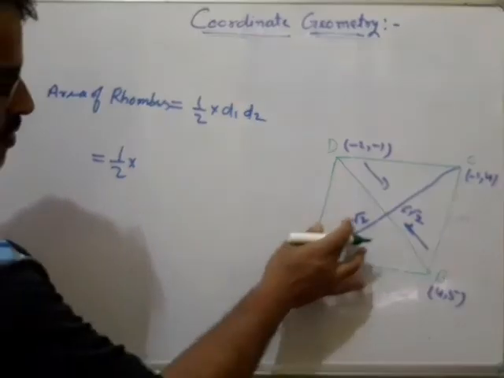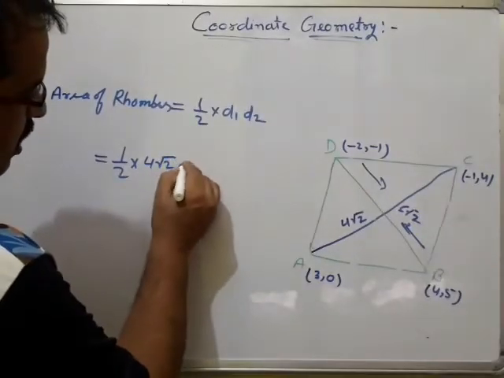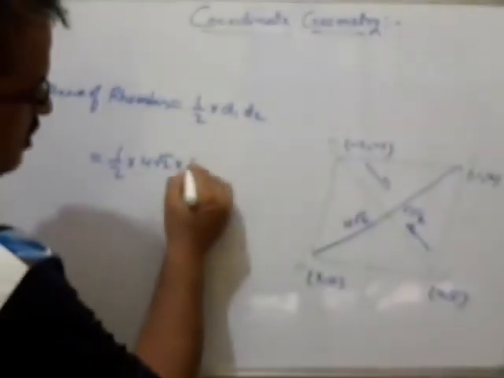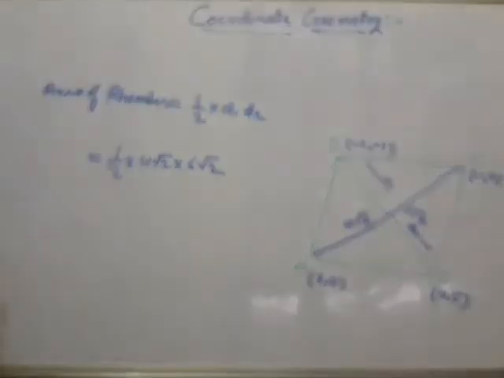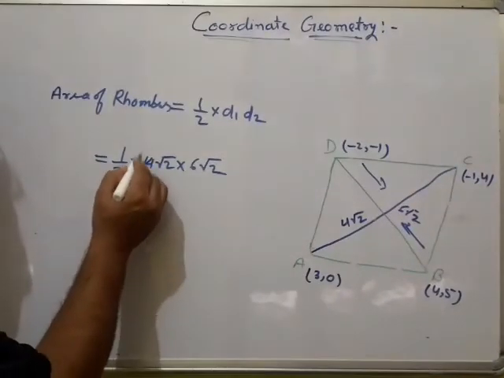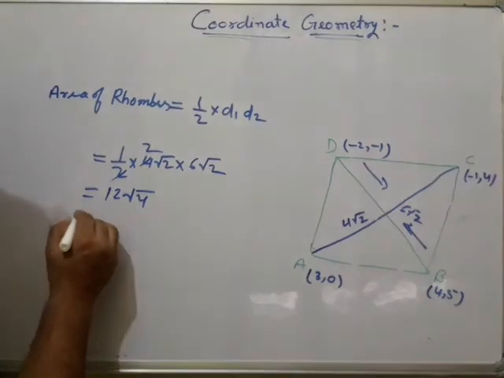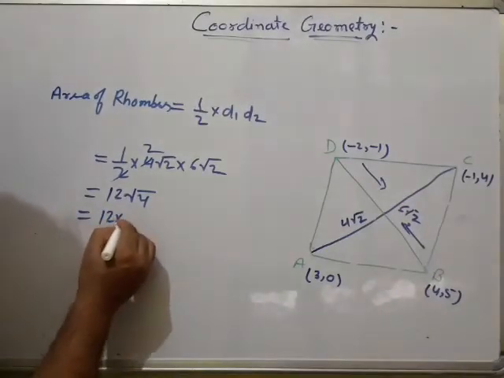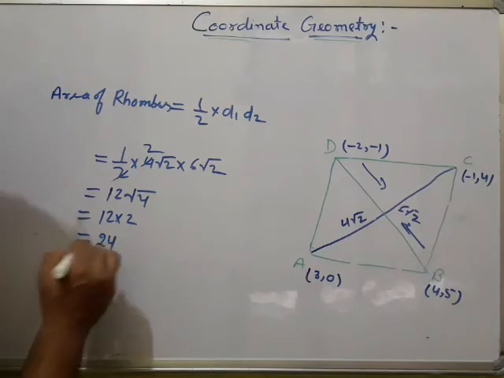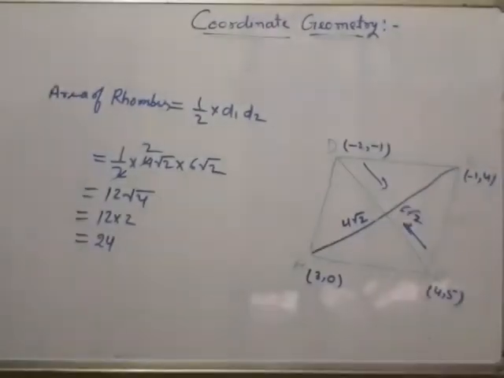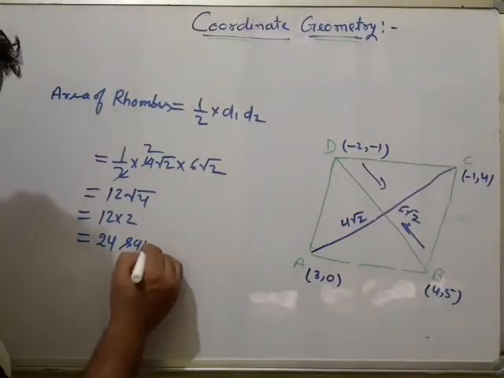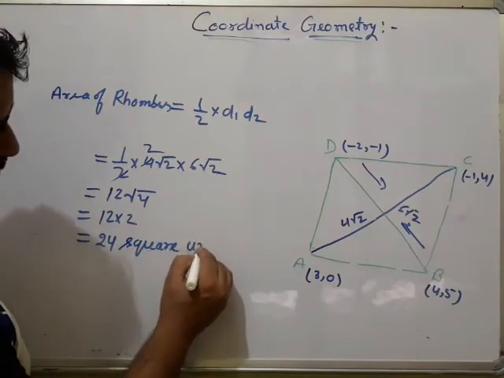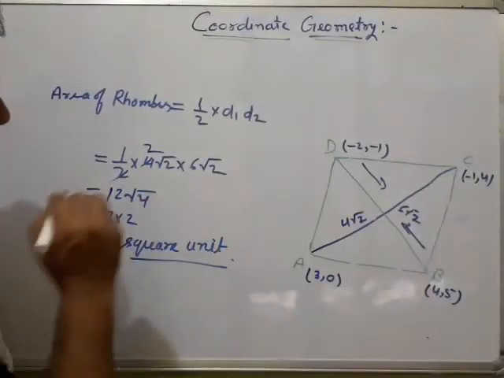So we get 1 by 2, d1 here is 4 root 2 and d2 here is 6 root 2. Clear? So 4 times 6 is 24, 2 times 2 is 4, 12 under root 4, and the square root of 4 is 2. So 12 into 2 we get 24 square units. Clear? This one is your answer.